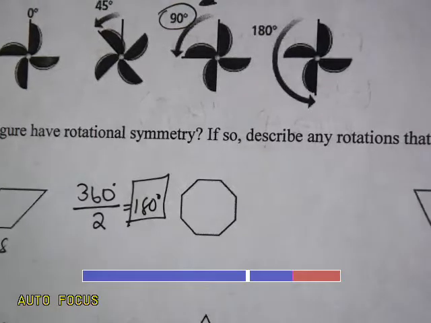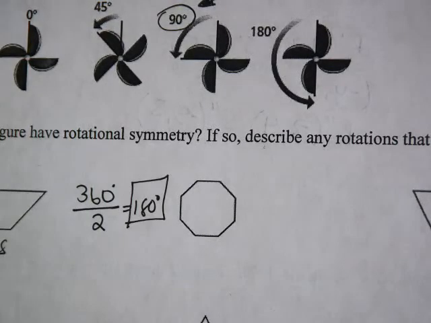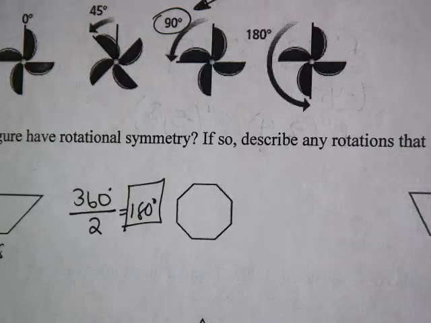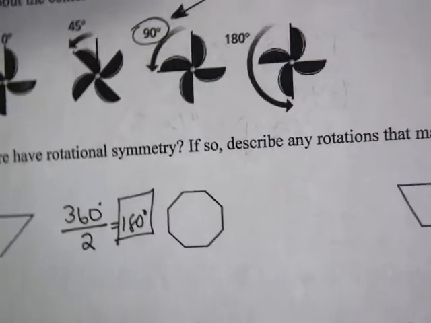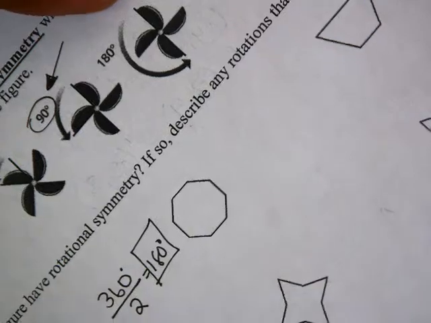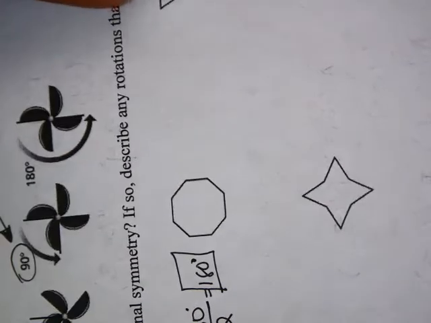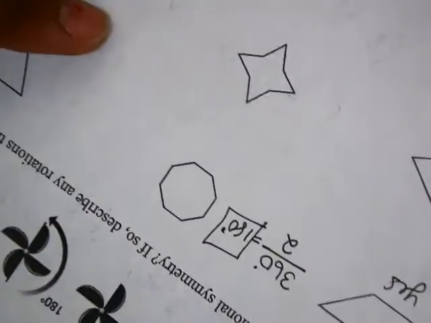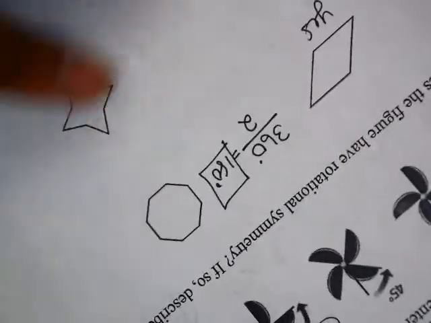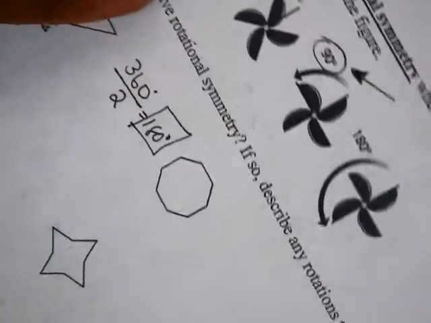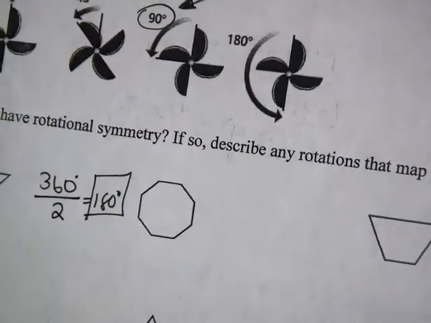So let's look at this octagon and see how many degrees it may have. It may not have any. It kind of looks like a stop sign. That doesn't look like a stop sign yet. So that does. So that's one turn, two turns, three turns, four turns, five turns, six turns, seven turns, and then 8 gets us back to where we started.